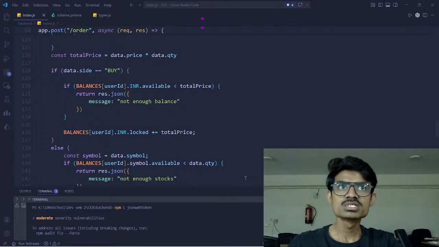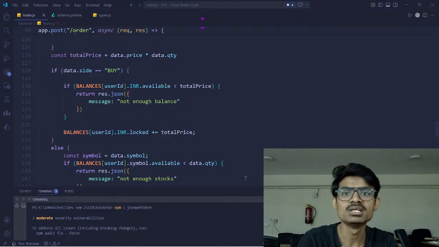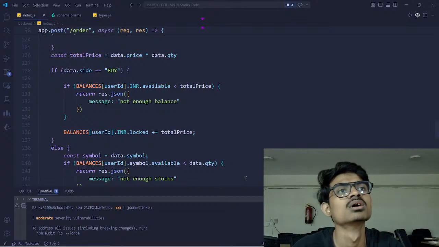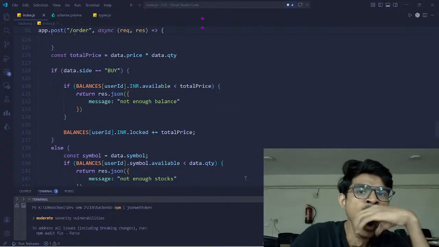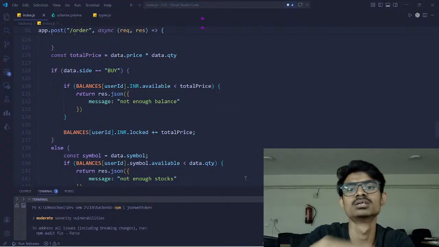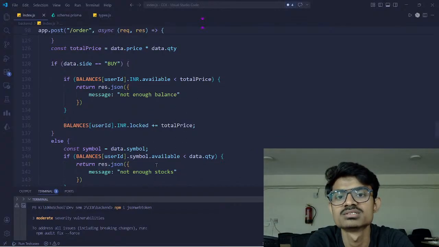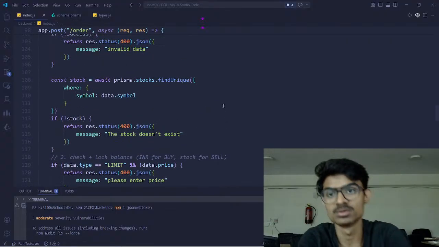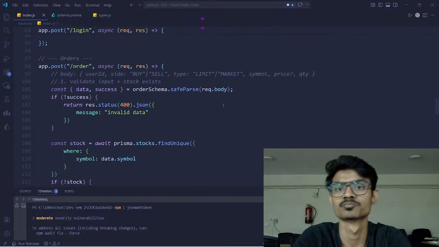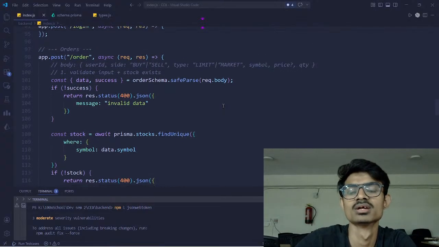So I would have to first put some money into the account. How do I put that money? Right, because otherwise, how am I going to be able to test it? Order.